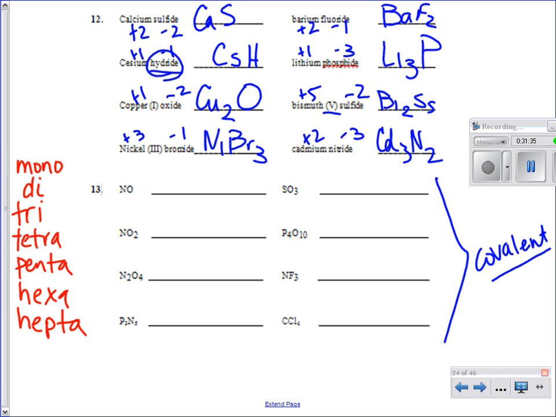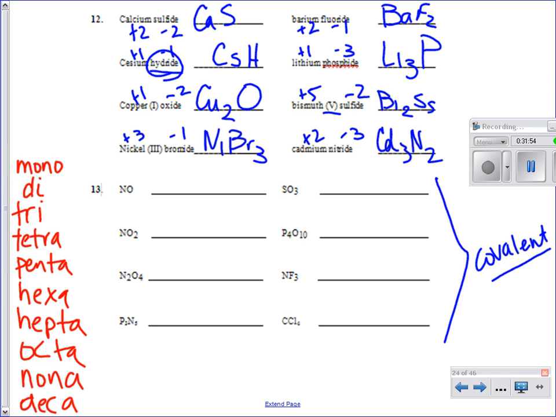No, not septa. Septa's geometry. Hepta. 8. 9. Non, nona. And then 10. Deca. So you need to know those to do these problems.